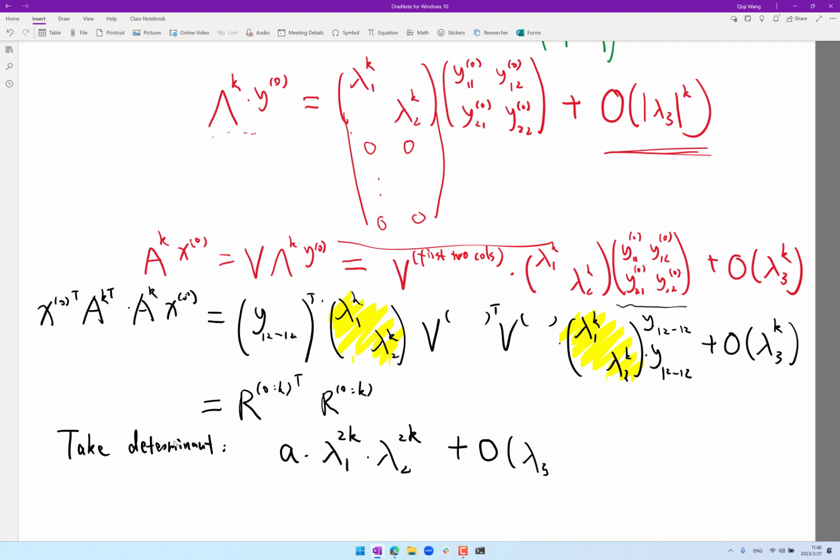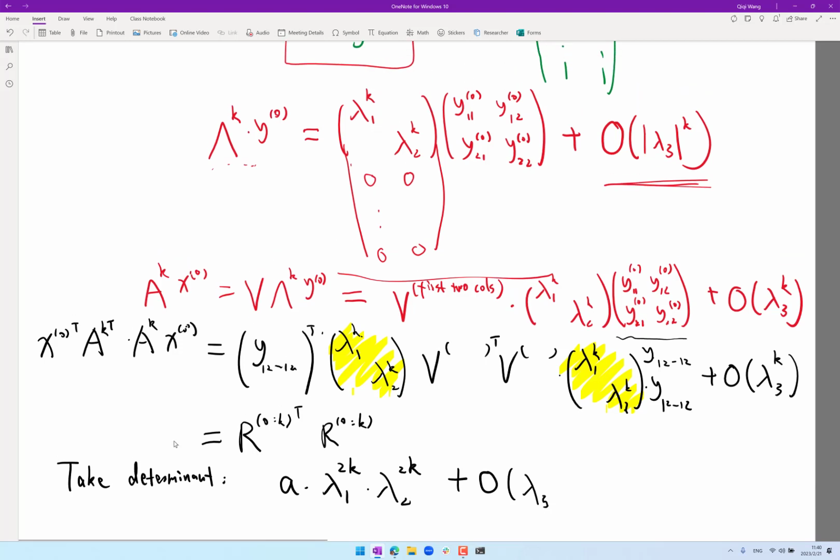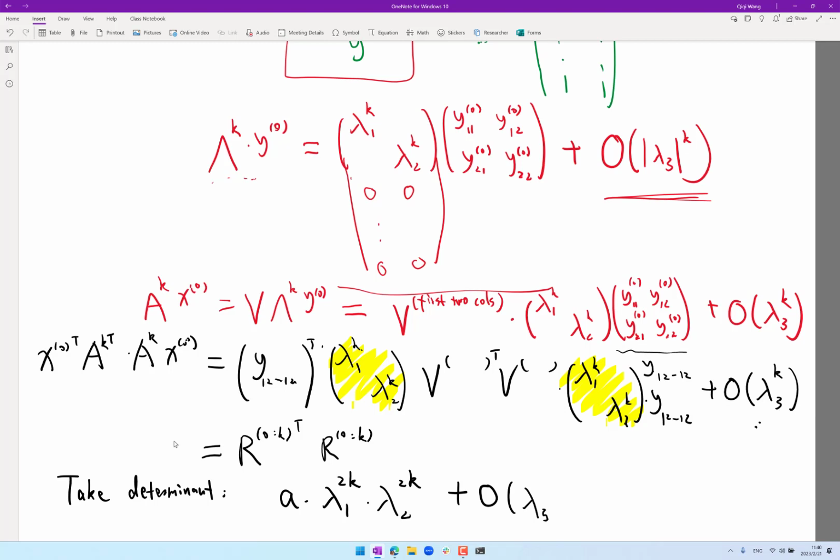I think there is a kth power and there is a kth power here, so we probably need to do a more careful analysis on this part, because this part has to be smaller than this part, right? So I think the largest term in here, depending on which row you are looking at, is either lambda 3 to the kth power times lambda 1 to the kth power, or lambda 3 to the kth power times lambda 2 to the kth power.